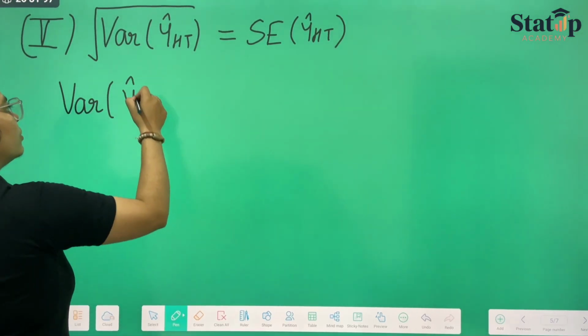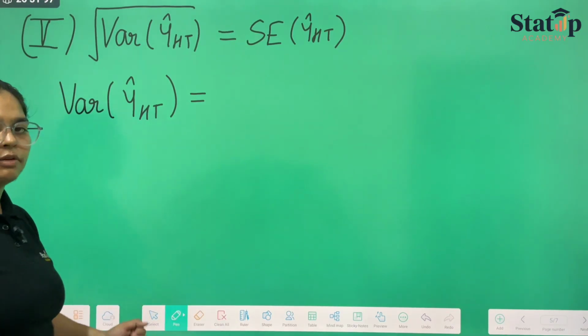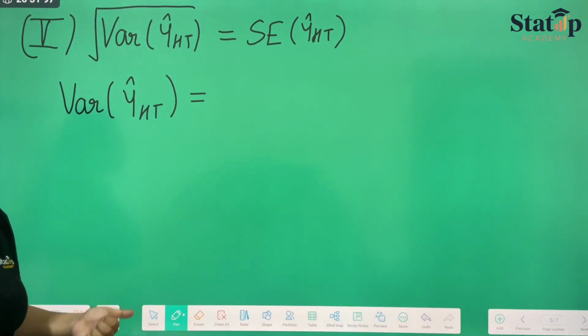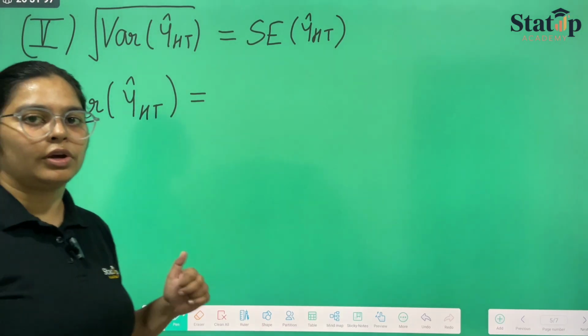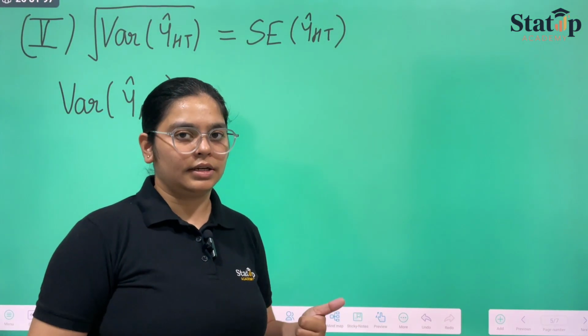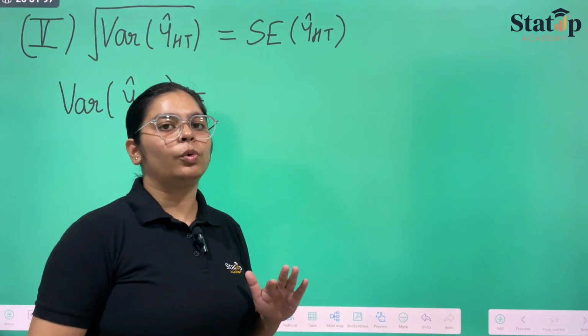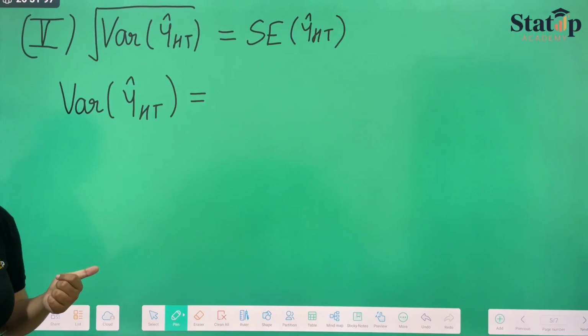We have already derived the Horvitz-Thompson estimator variance formula in the derivation, and here we'll be directly using that. Again, I'm telling you, if you're not thorough with the concepts, you first have to go back there and revise it, then come here. Otherwise, you won't understand any of this. So I'll be directly writing the formula from there.